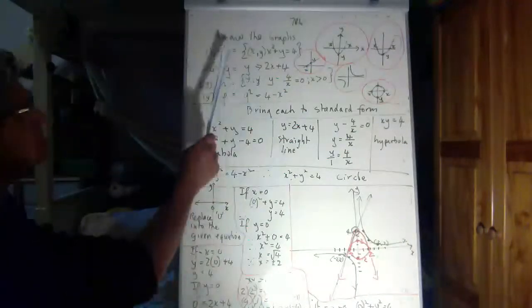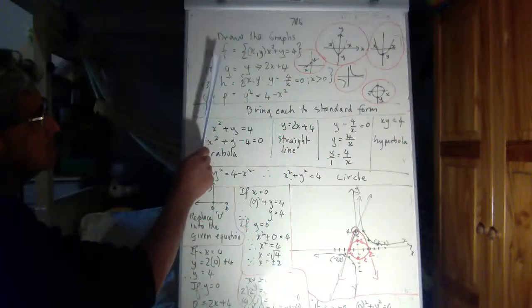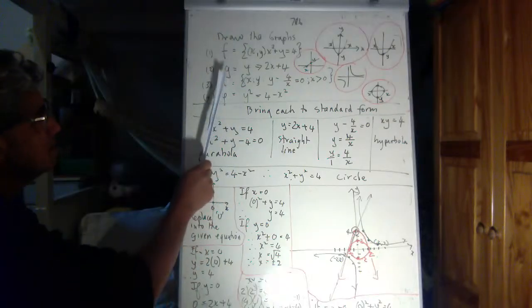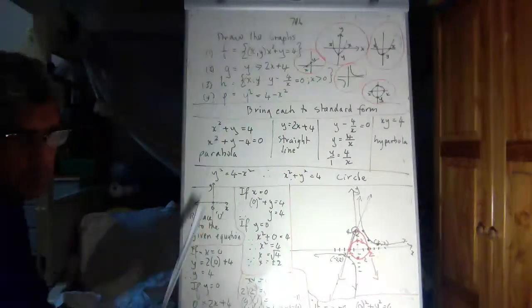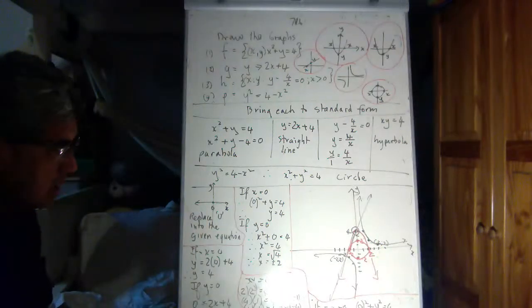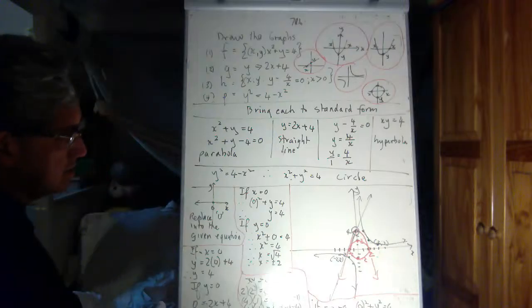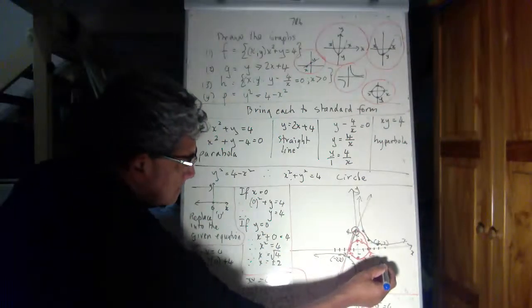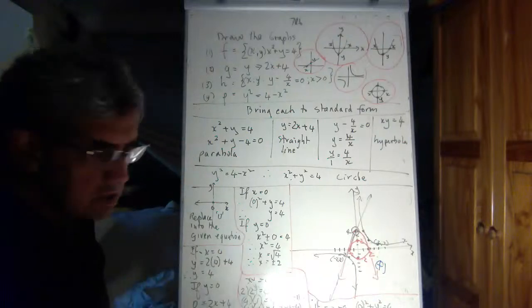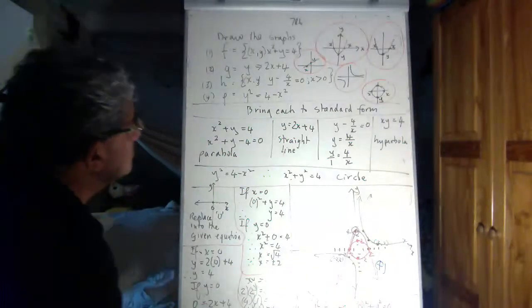They ask you to draw these graphs. The name of this graph is F, the name of this graph is G, the name of this graph is H, the name of this graph is P. I've already done them before the time, so let's give them the names. F is this one here, which is the parabola.